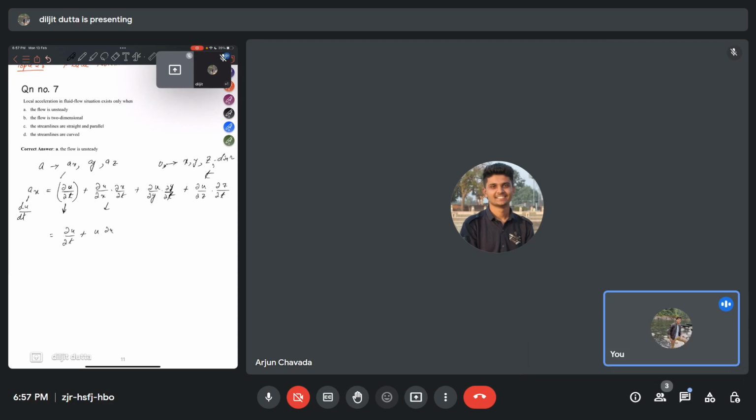So it will be u into del u by del x, v into del u by del y, plus w into del u by del z. The del u by del t part is the local acceleration, and this part is the convective acceleration.